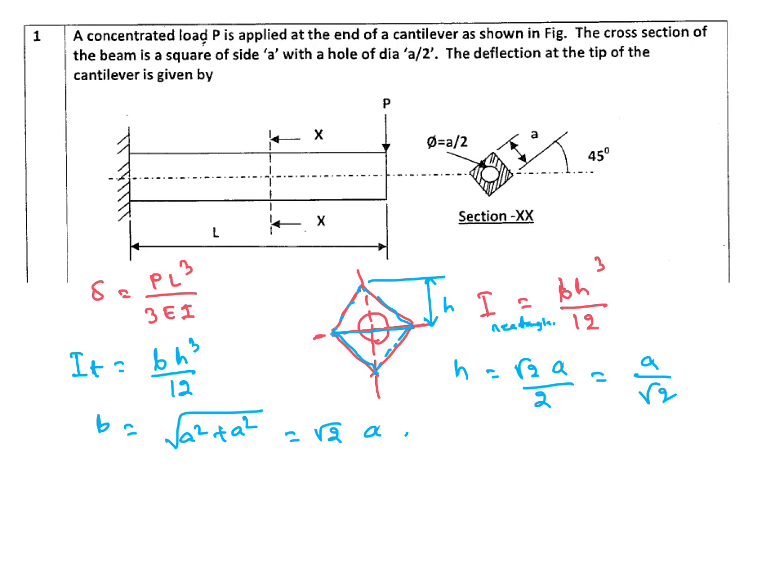So for total, 2 into base, moment of inertia along base, bh^3 by 12. So root 2a, a by root 2 cubed, into 2 by 12.